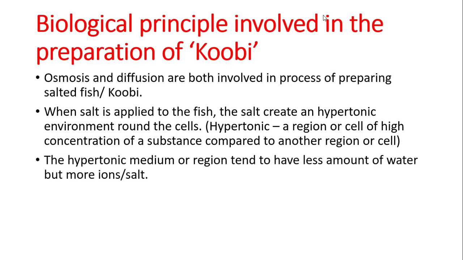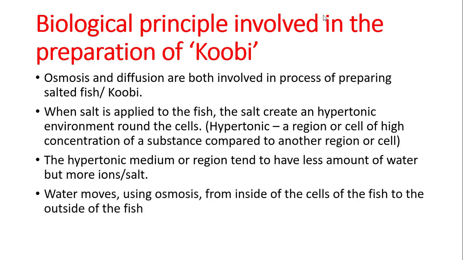How is this critical? A hypertonic medium tends to have less water but more ions. And when that happens, we have movement of water from inside the cells of the fish to the outside.